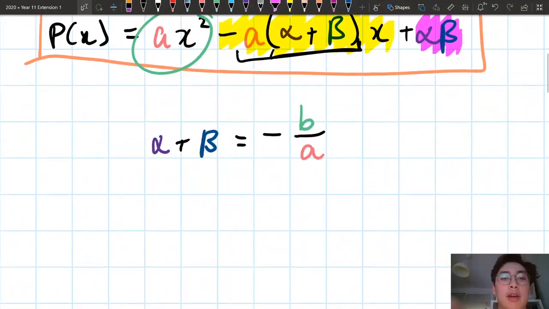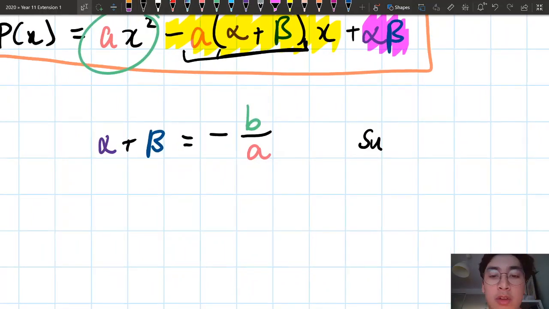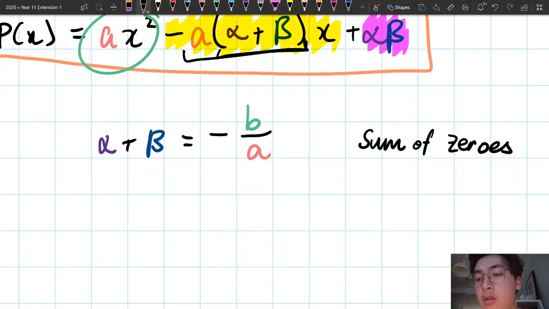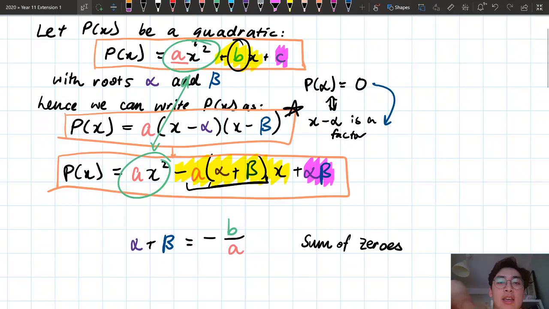Now this relationship, as you can tell, on the left-hand side we're adding the two roots. So this is the sum of the roots, or sum of zeros. When I add my zeros, what I get is negative the coefficient of my x term divided by the coefficient of my x squared term. Now if we have a look at the constant term, I realize I'm missing an a here.